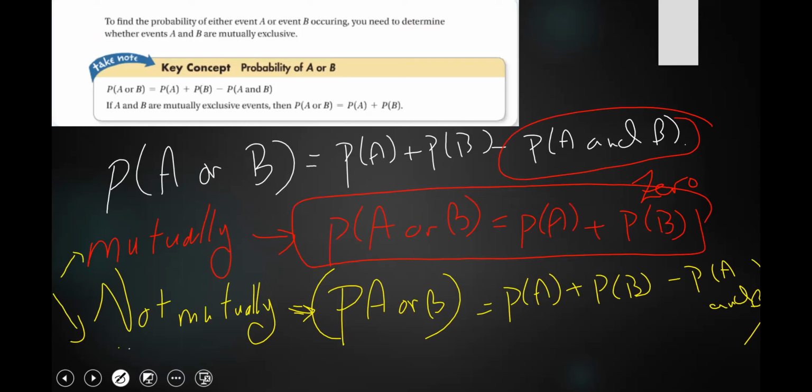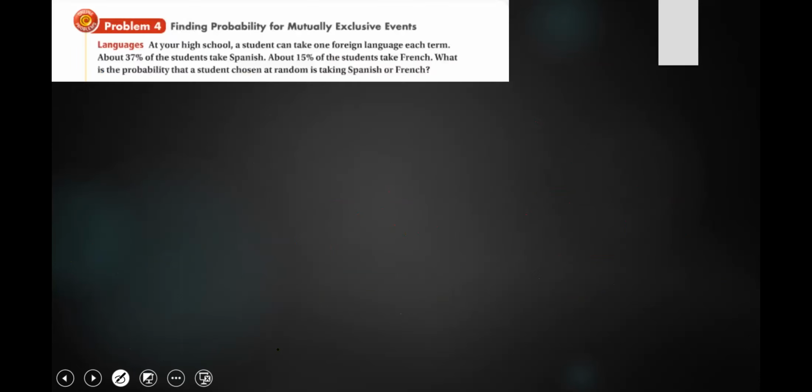So I ask myself if these two events are mutually exclusive. If they are, this is its formula. If not, this will be its formula. How can I know? I will read the question and look at the events. If the events are mutually exclusive, they have a formula. If not, I will use the other formula.